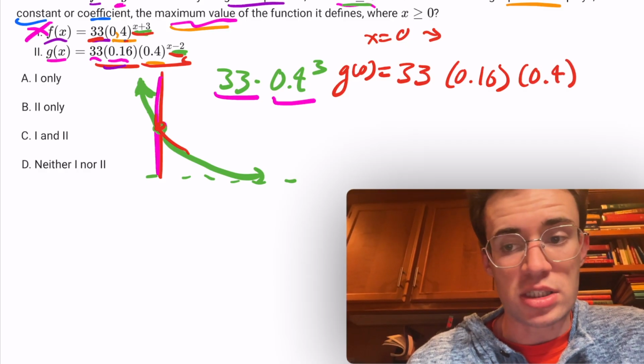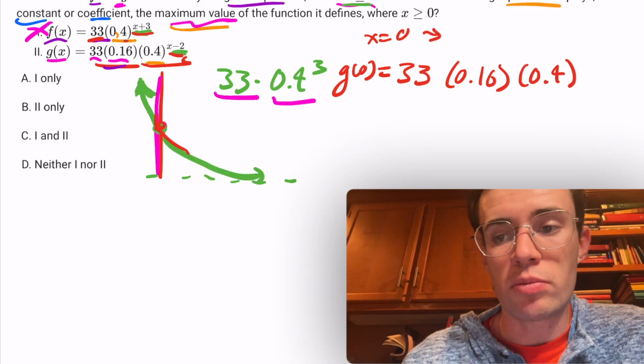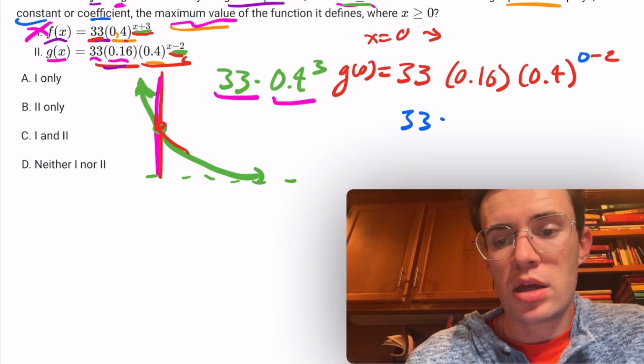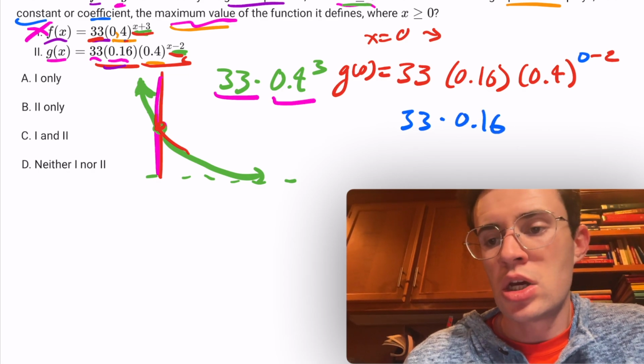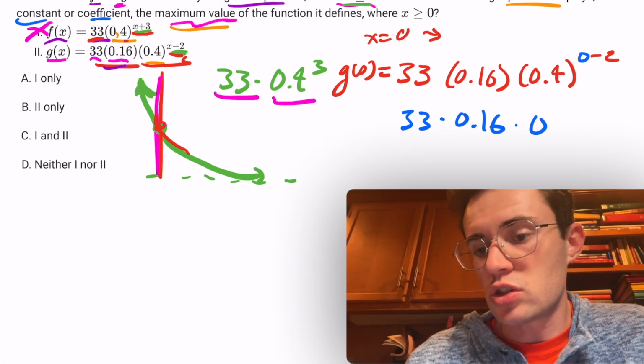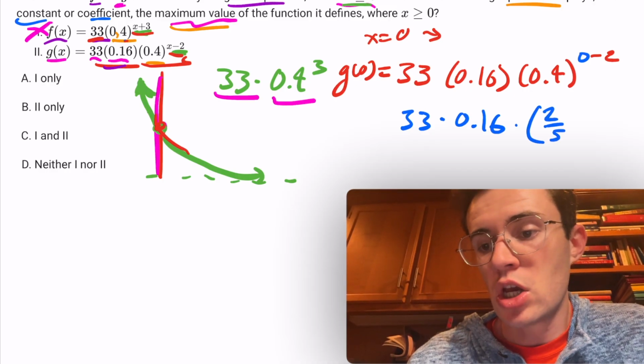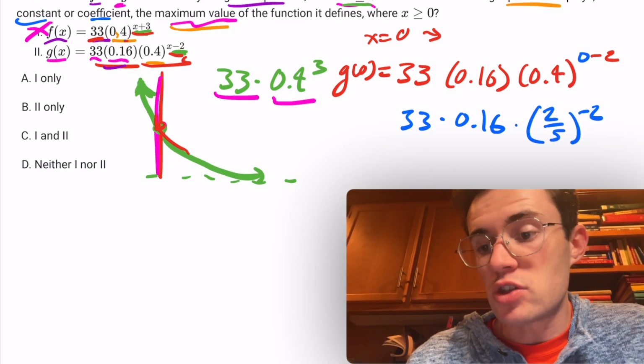We said x is equal to 0, so to the 0 minus 2 power, which is to the negative 2. All right, so we get 33 times 0.16 times 0.4, which let's write that as 2 fifths. Right? It's 4/10, which is 2 fifths. 2 fifths to the negative 2 power.